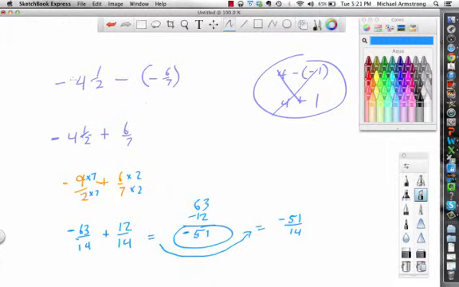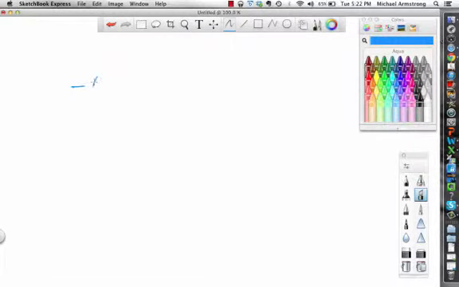I probably should show you how to do this the other way with the 7. Negative 4 1/7 minus negative 6/7 looks like this.